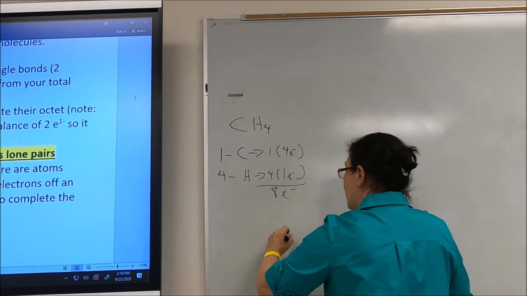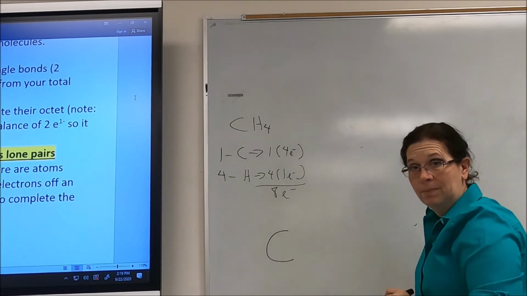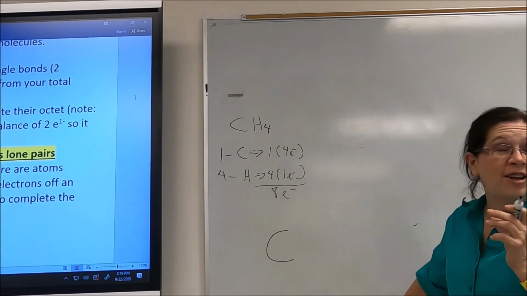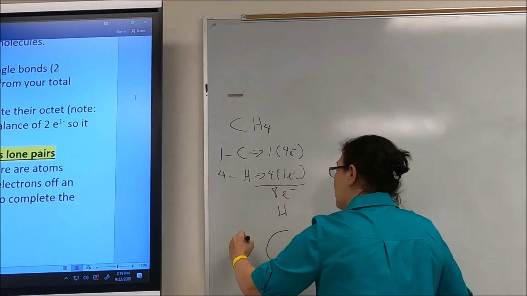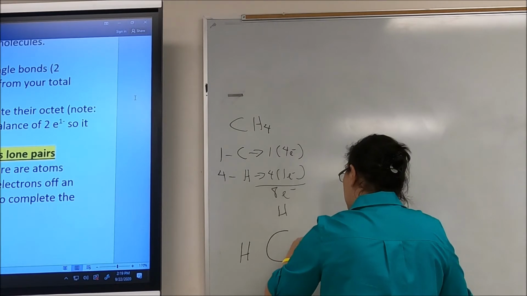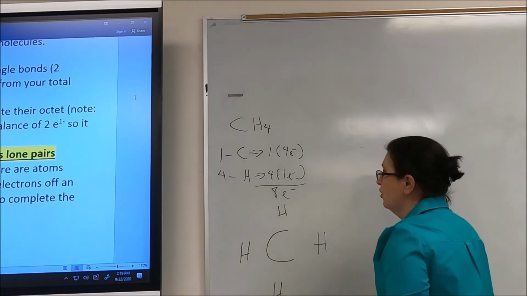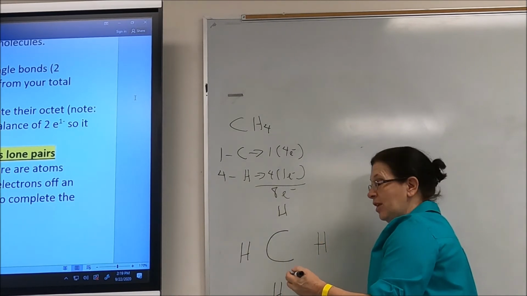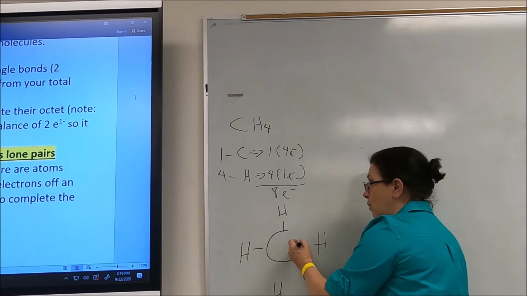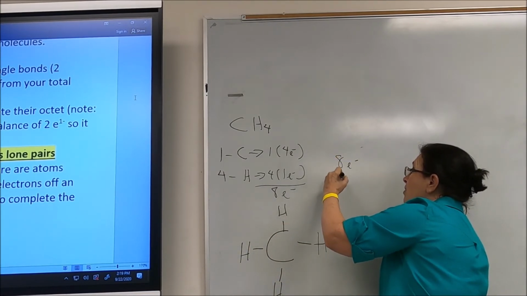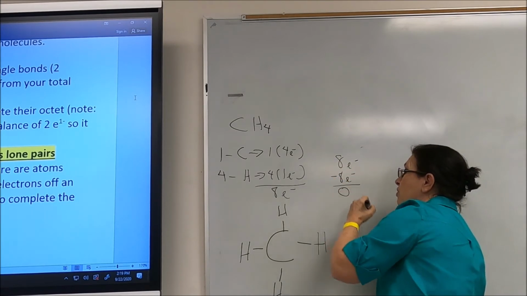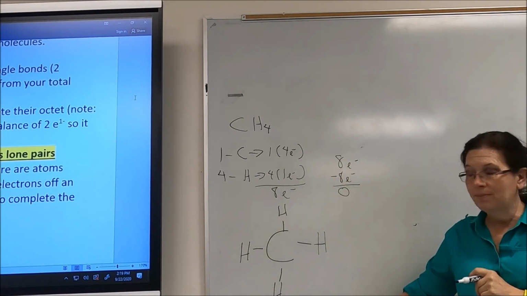Between carbon and hydrogen, carbon's going to go in the middle, because hydrogen is never in the middle. Okay? I'm going to surround it by the hydrogens. Carbon's in the middle, surrounded by hydrogens, and then I'm going to connect everything up with single bonds. 2, 4, 6, 8. So 8 electrons minus 8 electrons, 0 electrons left.